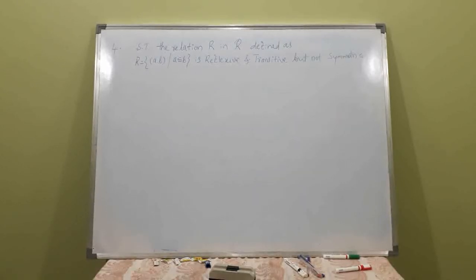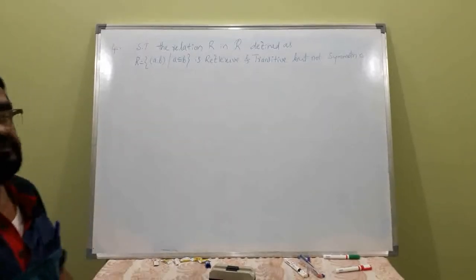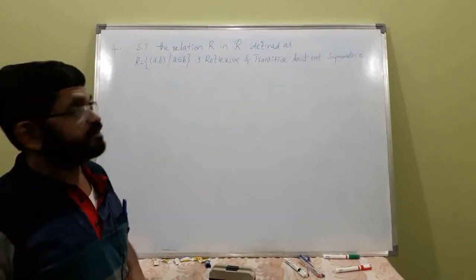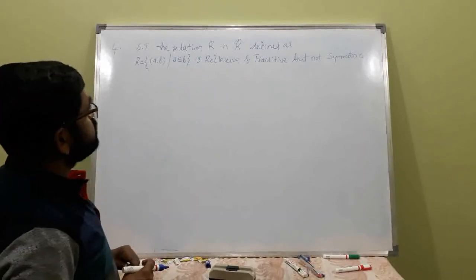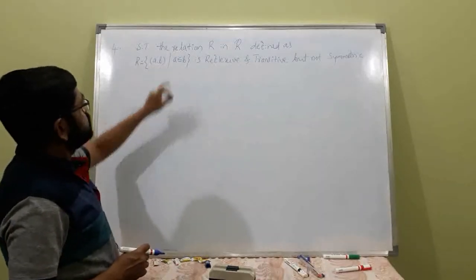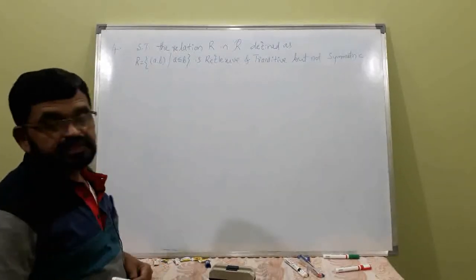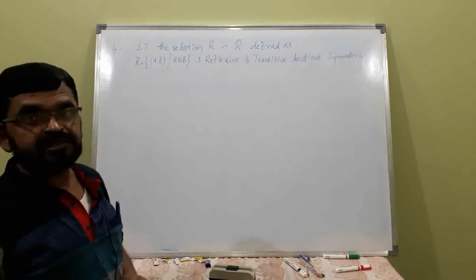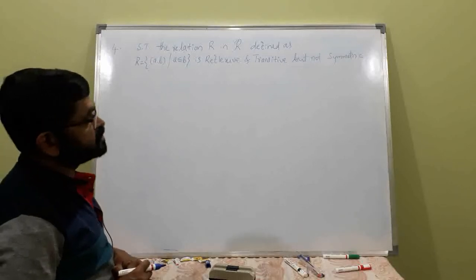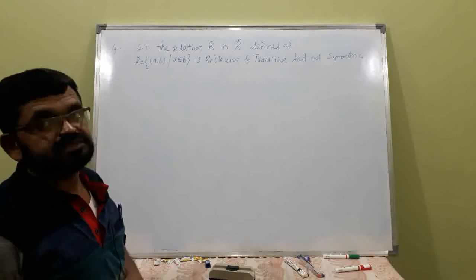Look here. Show that the relation R in the real line, defined as R equals the set of (a, b) such that a is less than or equal to b, is reflexive, transitive but not symmetric.